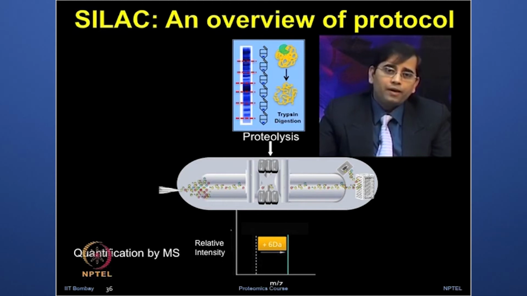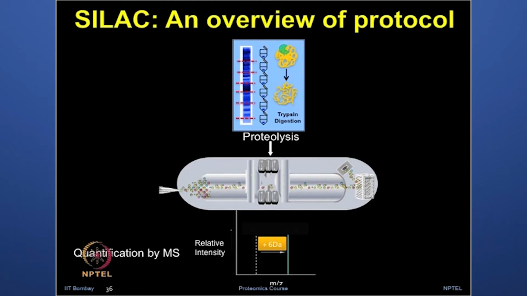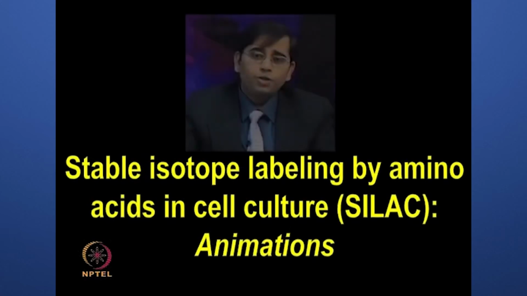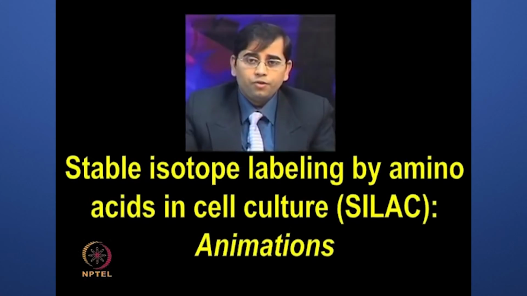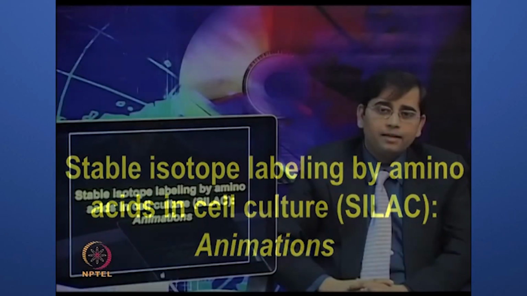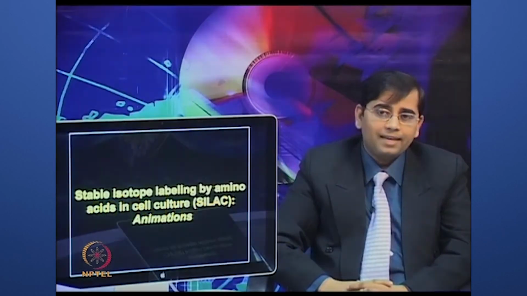After digestion of isolated proteins to peptides by trypsin, the arginine containing peptides will be 6 Daltons heavier than their light counterparts, which can be analyzed by using mass spec. So, now I will show you an animation of stable isotope labeling by amino acids in cell culture, or SILAC.